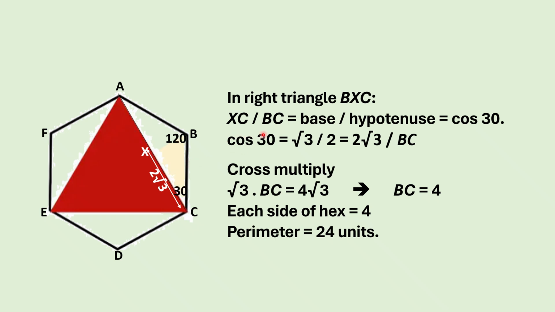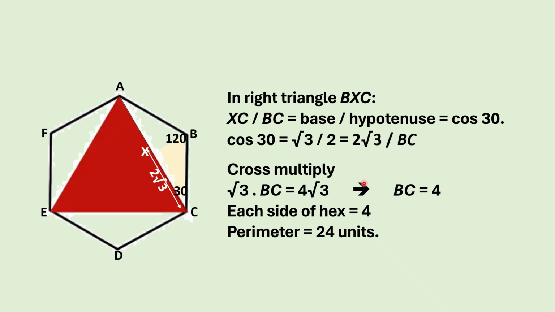XC by BC, that is base by hypotenuse, is cos 30, and the value of cos 30 is root 3 by 2. So root 3 by 2 equals base by hypotenuse, that is 2 root 3 by BC.